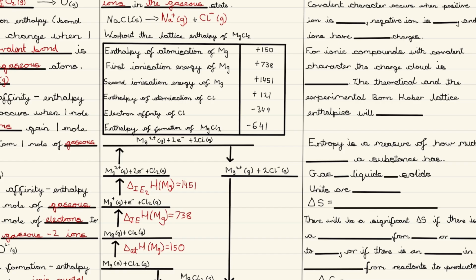And then the atomization of Cl is 121. However, we're going from Cl2 to 2Cl, so because of that we're going to have to times it by 2. And then the electron affinity of chlorine is -349. However, once again we've got 2Cl to 2Cl-, so you want to times it by 2.